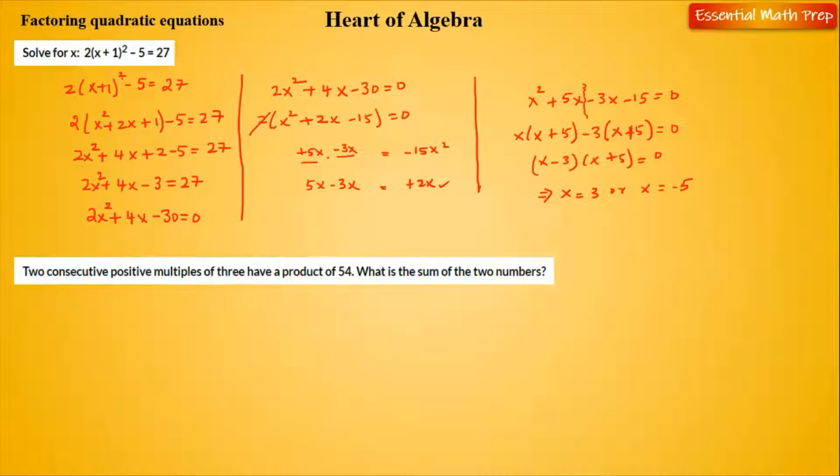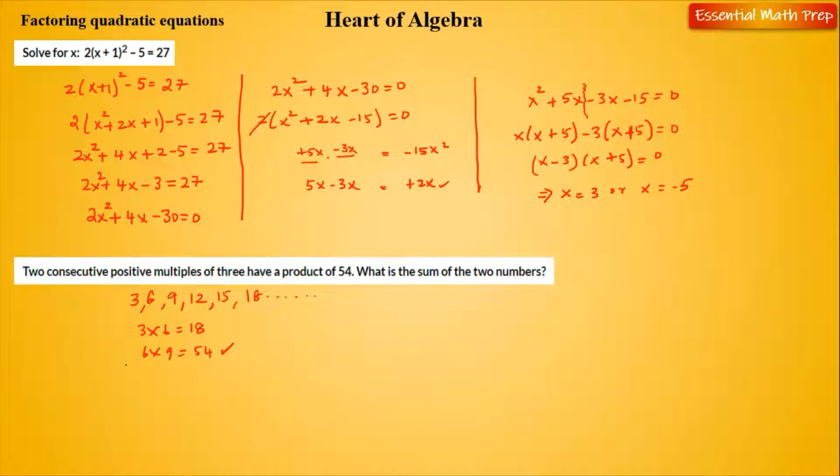So let's write all multiples of 3, because that's what it says. So we have 3, 6, 9, 12, 15, 18, and so on. If you take 2 of these consecutive numbers and you multiply, you should get 54. If you multiply 3 times 6, that's 18. Let's do 6 times 9, that's 54, and that's what we want.